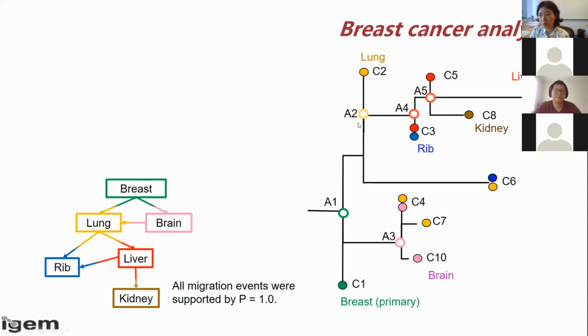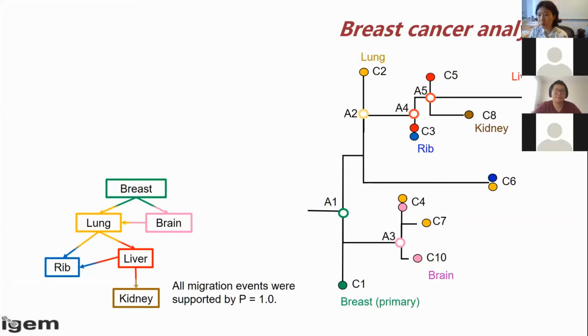For example, Pathfinder predicted ancestral clone A2 was in lung. This clone A2 is connected to clone C2 with very short branch lengths, and C2 clone is found in lung, so we can consider ancestral clone A2 was also in lung.